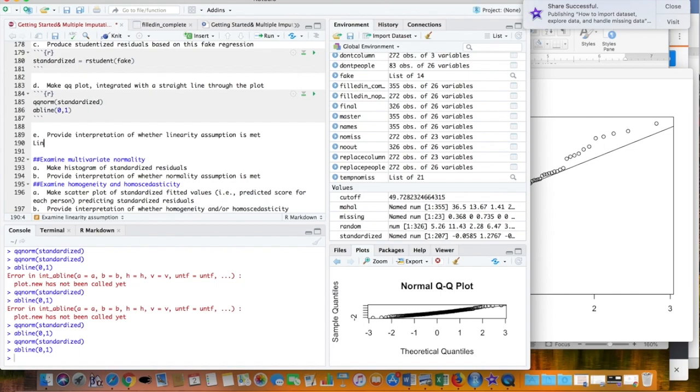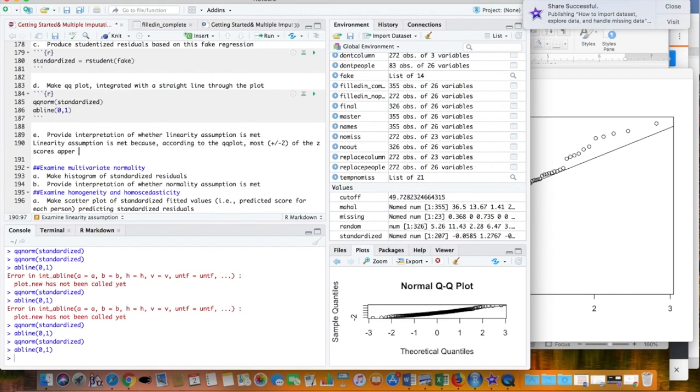So the interpretation is the linearity assumption is met because, according to the QQ plot, most of the, and when I say most, I'm talking about plus minus 2, most of the z-scores appear to be around 0.